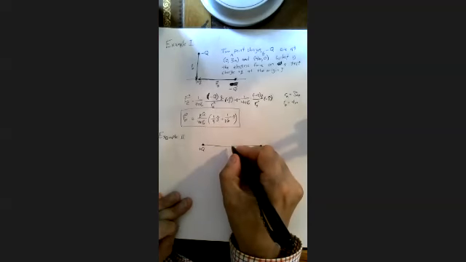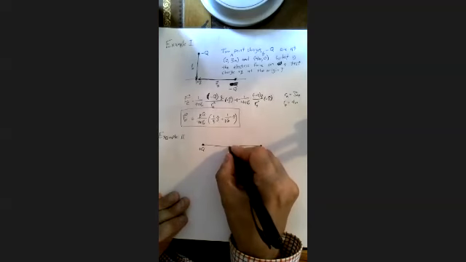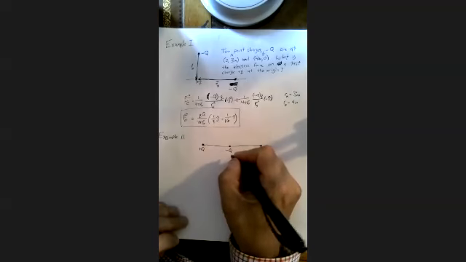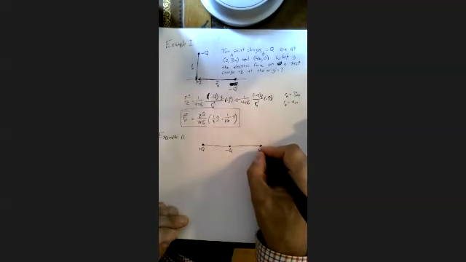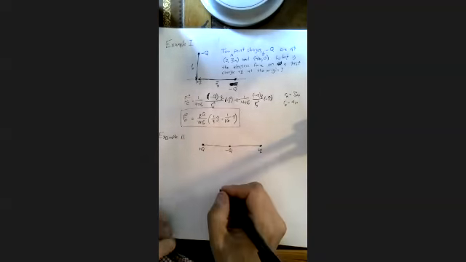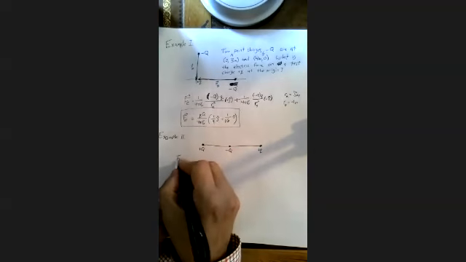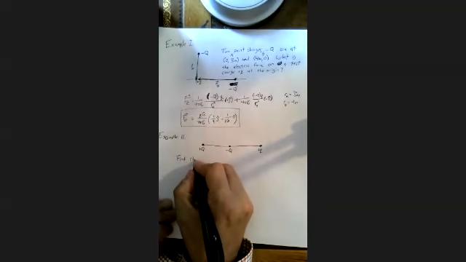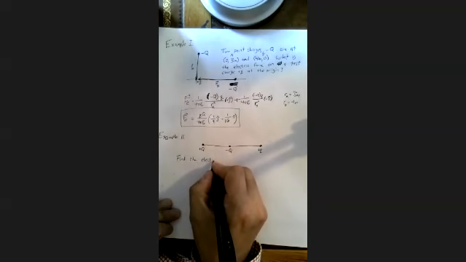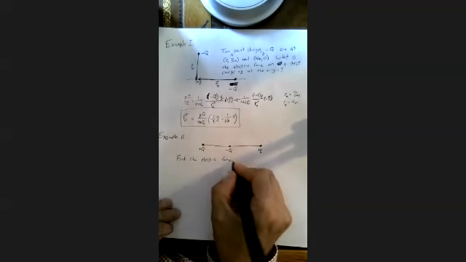We'll put a charge of minus q here. And then our test charge will be plus little q again, and that'll be over here. So we want to find the electric force on the test charge.